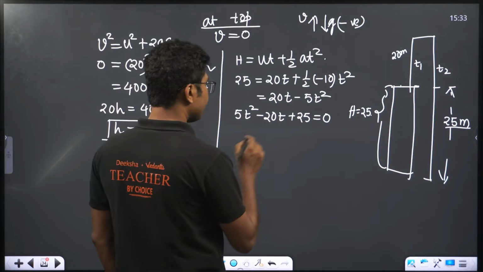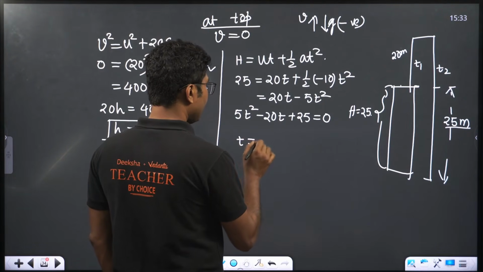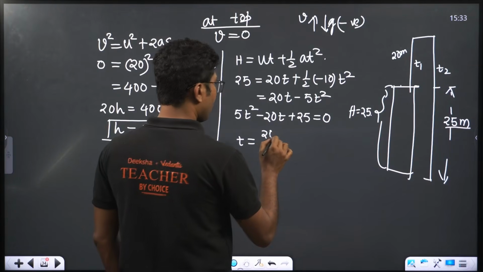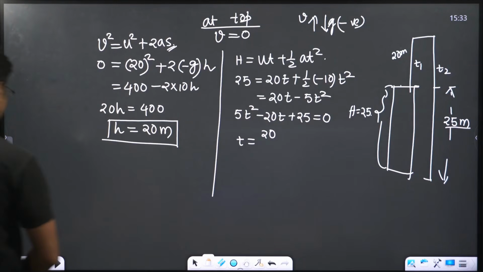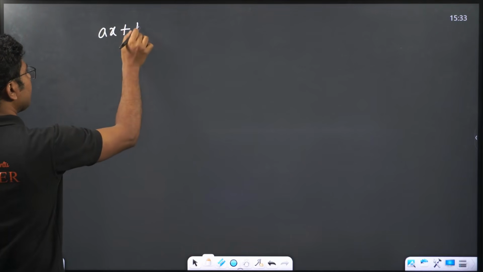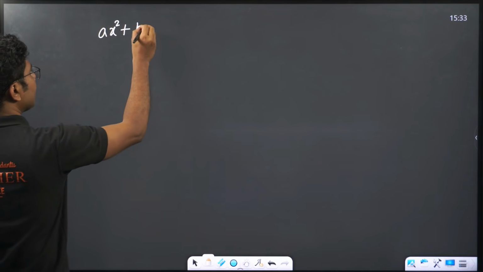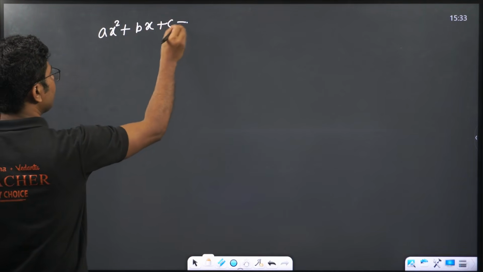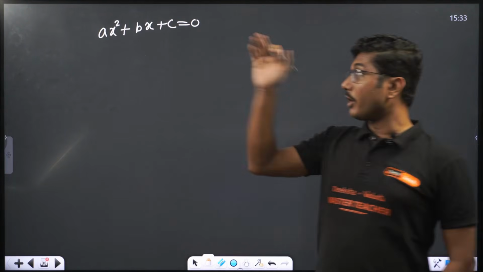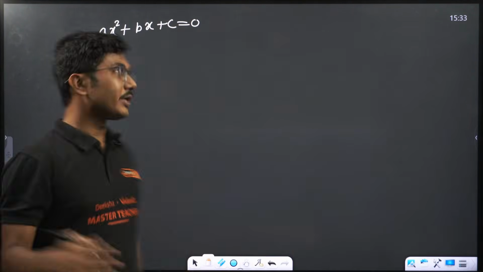Quadratic root formula is very simple. Suppose we have an equation ax square plus bx plus c equals 0. So this is the quadratic equation. When the order of x is 2, that is called a quadratic equation.